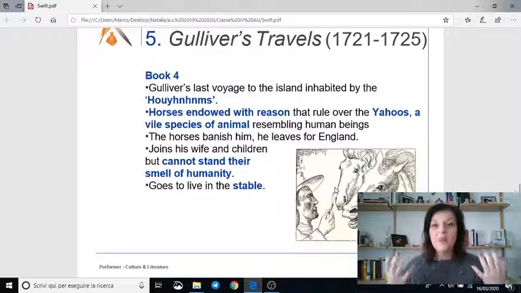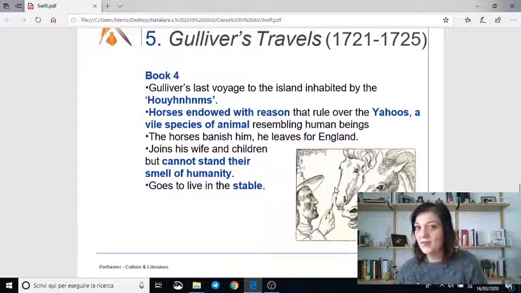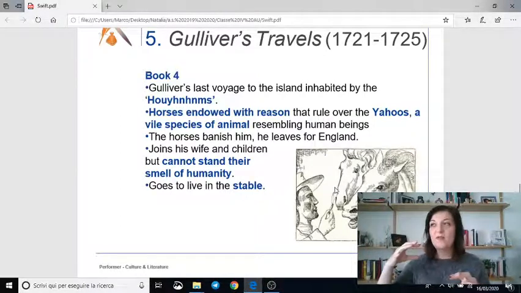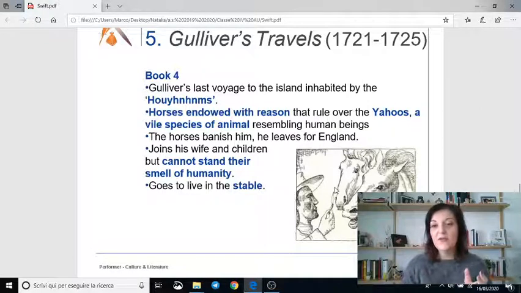So they rule over them. So the masters, the lords, are the horses, and the creatures, this species which is ruled over by the horses, are like human beings. Okay, so on one side we find these very clever horses, and on the other side the creatures which they rule over, and they are humans.